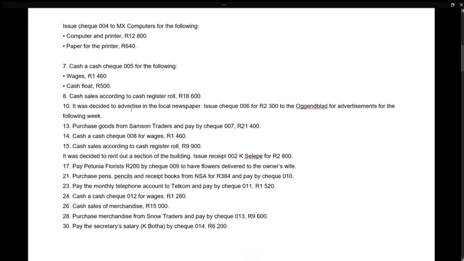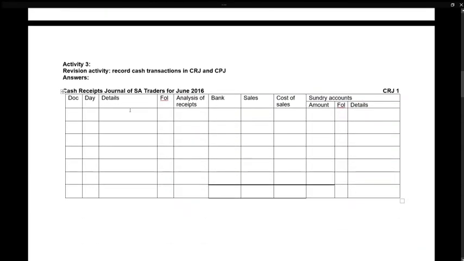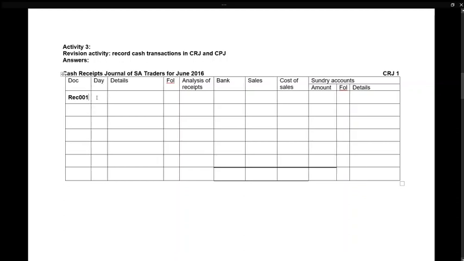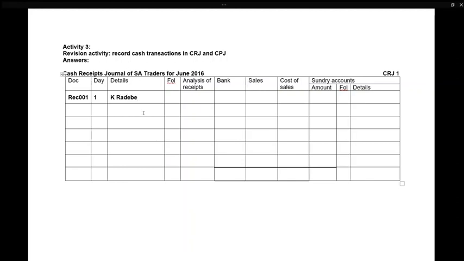Let's go and record that in the correct journal. Cash Receipts Journal. Right, so our document is receipt 001. It took place on the 1st, and the details: who did we receive this money from? Okay, Radebi. Analysis of receipts is going to stay empty for now.